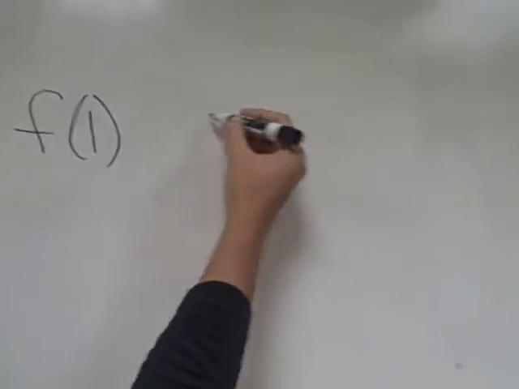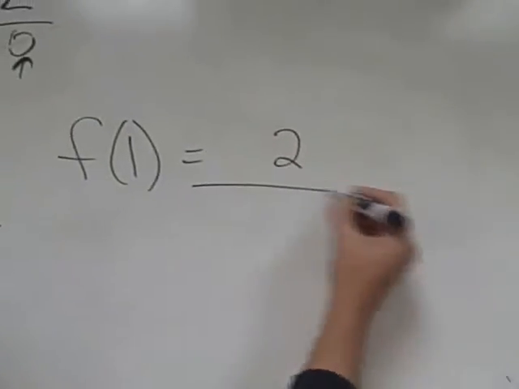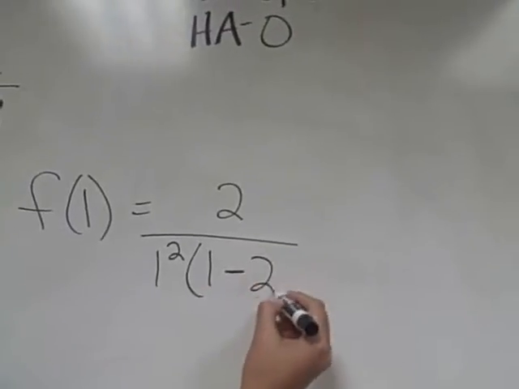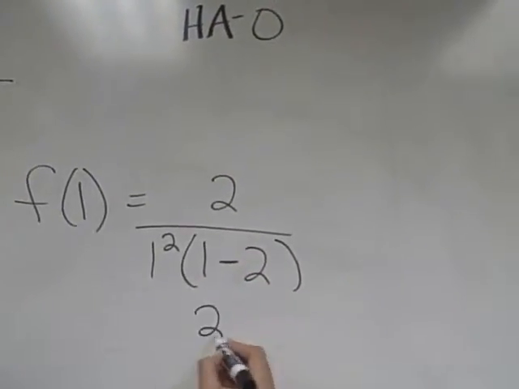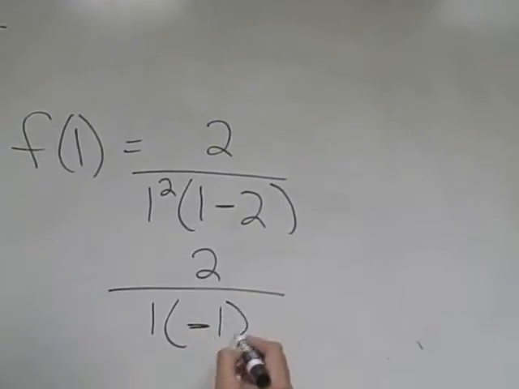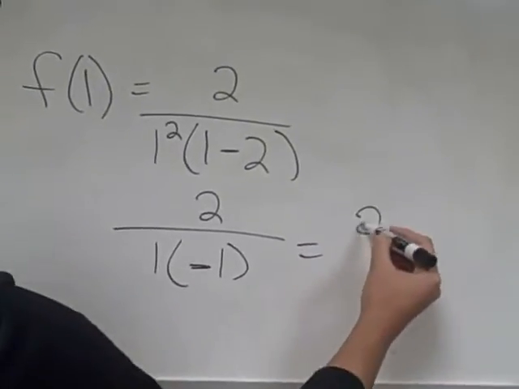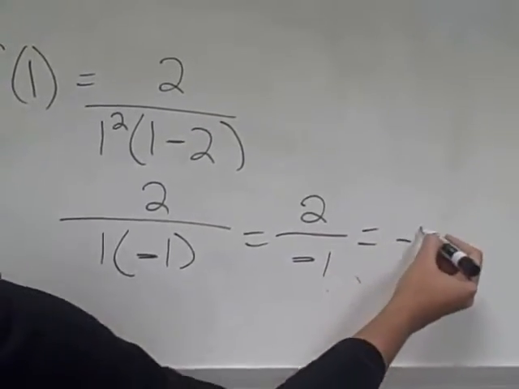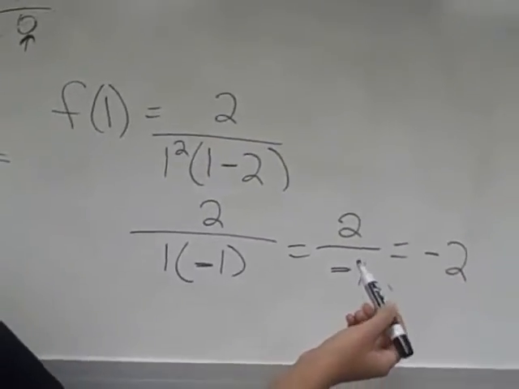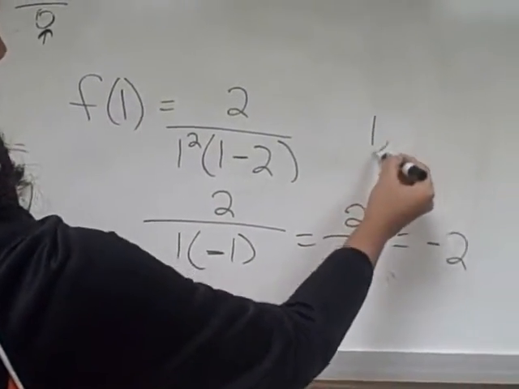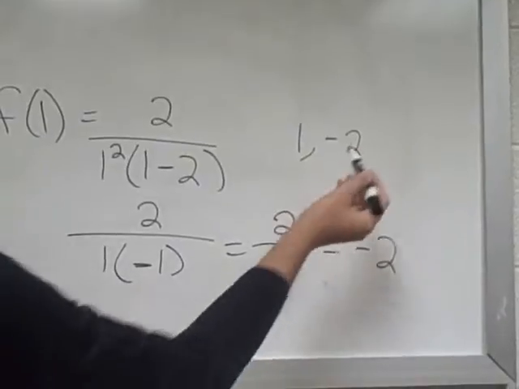So it would be 2 over 1 squared times (1 minus 2), which would equal 2 over 1 times negative 1, equals 2 over negative 1, which equals negative 2. And you know that you put 1 into the equation, so it'll be (1, negative 2) for your point.